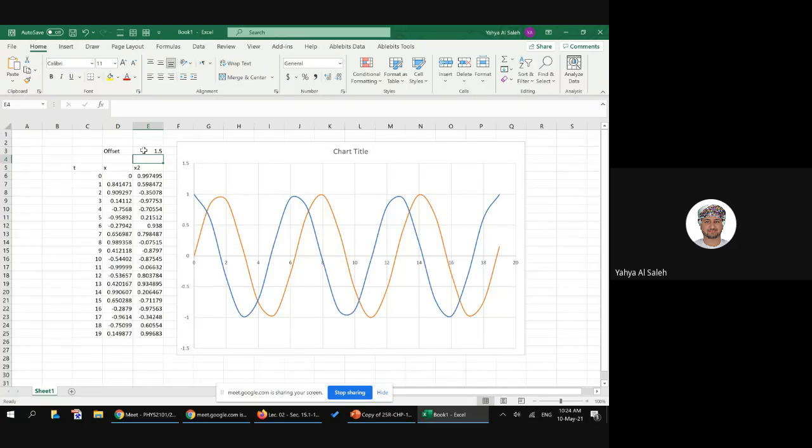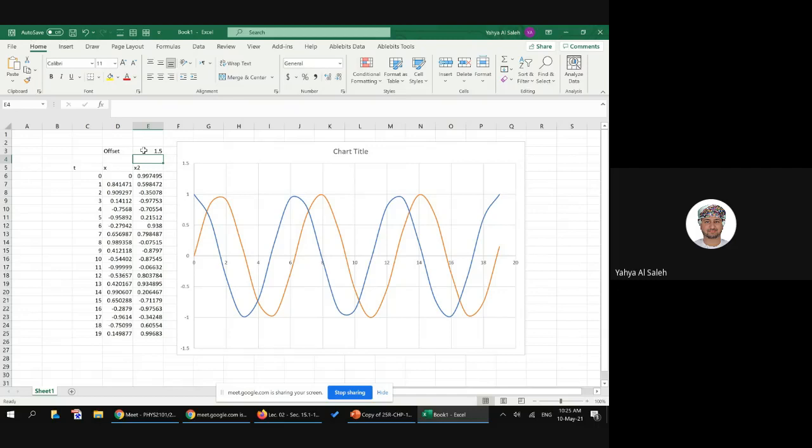We get the exact same function but there's an offset. This offset we call the phase difference or the phase constant, the plus phi.